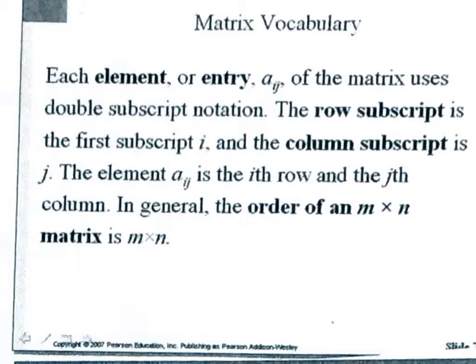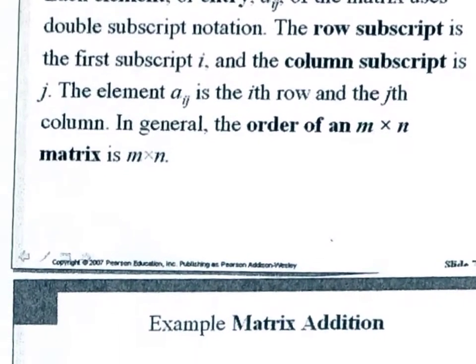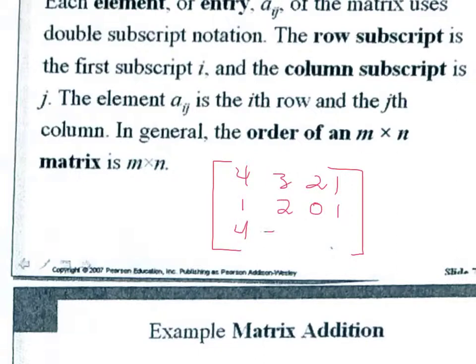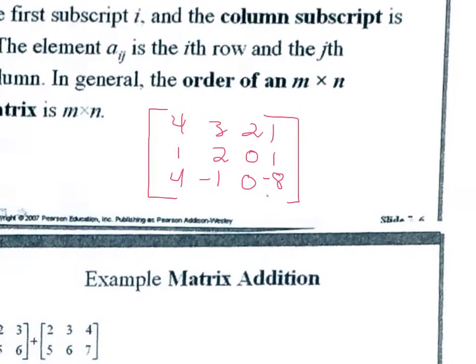Now, talking about A, let me just give you a little example of that. For example, if I have a matrix, let me just put numbers, okay? 4, 3, 2, 1, 1, 2, 0, 1, 4, negative 1, 0, negative 8. And if I ask you, okay, give me the element, what is A 2 3?